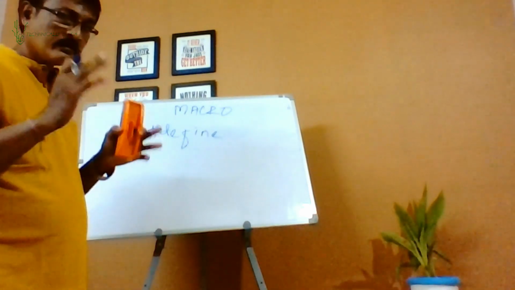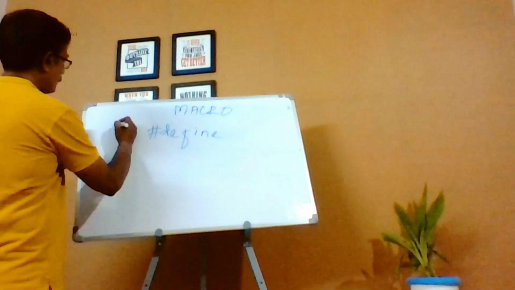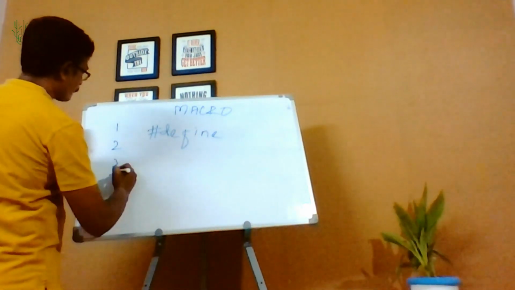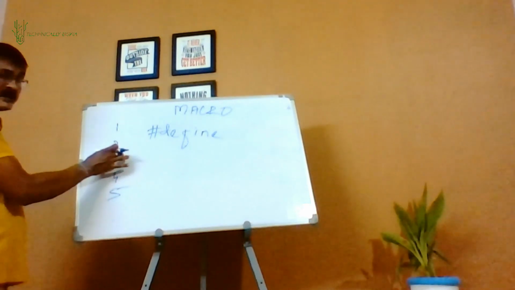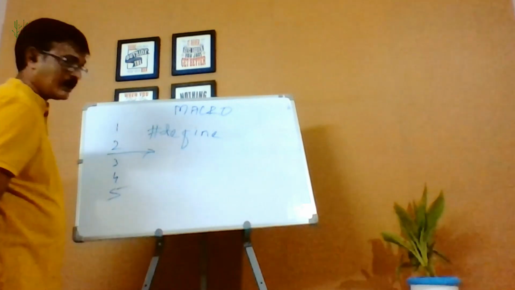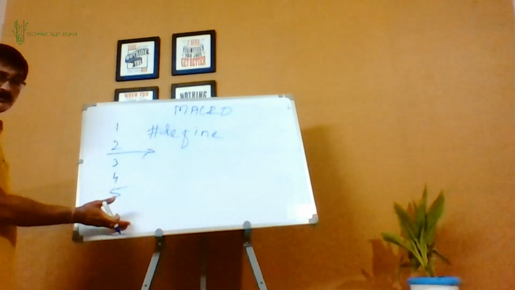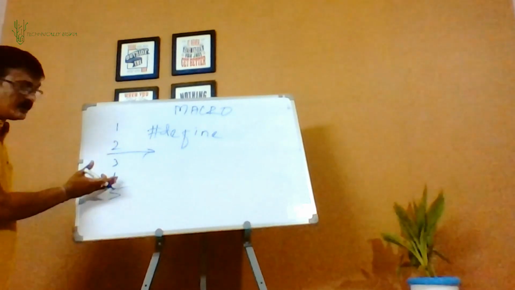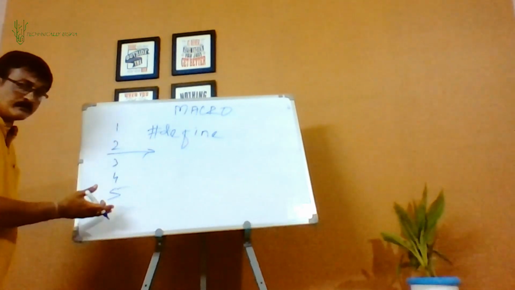But if my program has 4 or 5 lines and I define a macro after the second line, it will be visible below this, to lines 3, 4, and 5. Understand that? Always remember that.